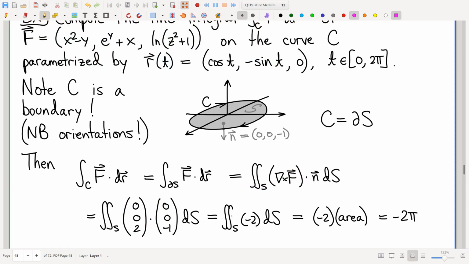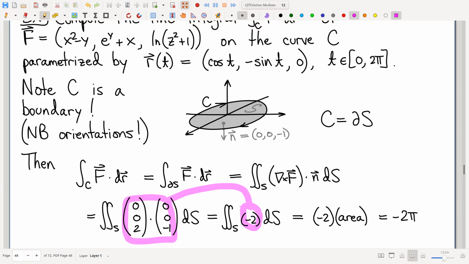Okay, so there's our curl. The normal vector, again, we've already talked about. We had to choose the normal vector to be this, just to make the whole boundary rules work out. And, oh my gosh, look how nicely this dot product works out. The dot product is just -2.